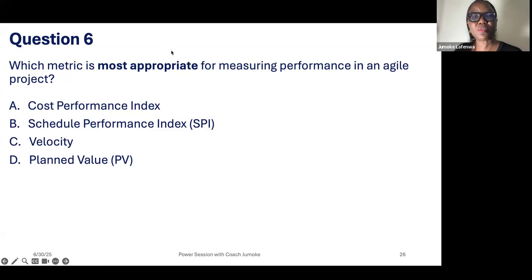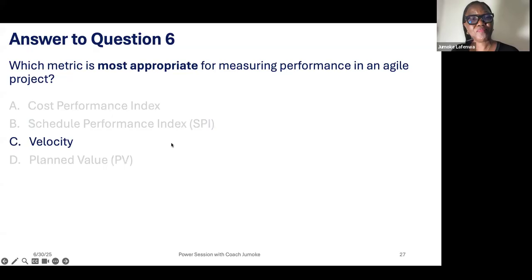Okay, so most people choose C, and C it is. The cost performance index and the schedule performance index are mostly used for predictive measurements. Velocity is what tells us the amount of work you can do within an iteration, and it's based on story points, and the story point is based on the task or work that can be done.